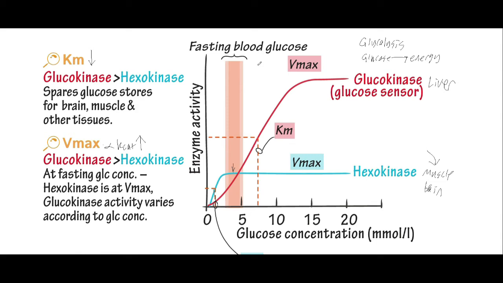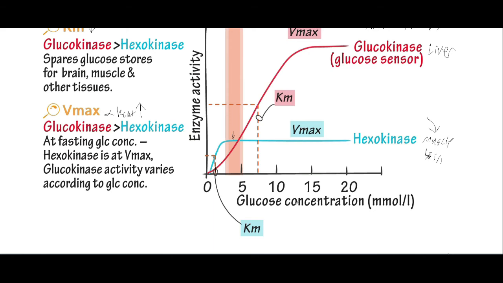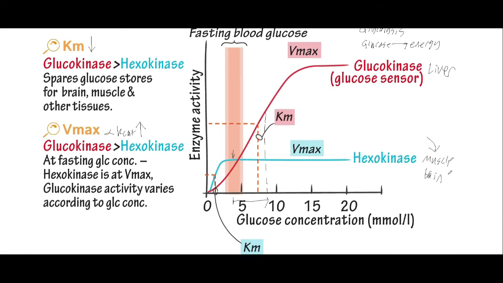But if we eat some sugary food and our blood glucose concentration goes up, now what we want is to store that glucose in our liver, and so what we want is for our glucokinase, which is the other form of this enzyme, to act.